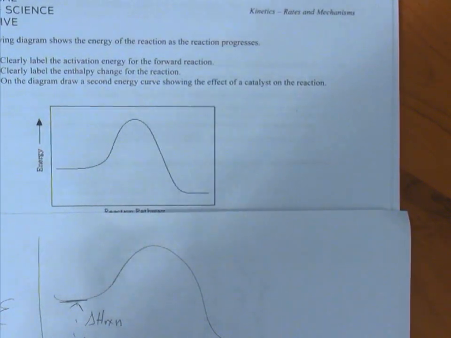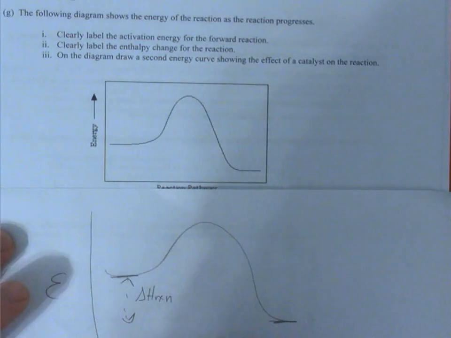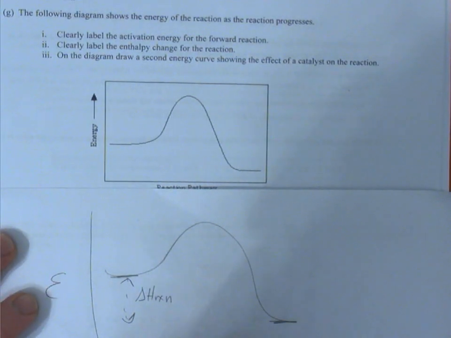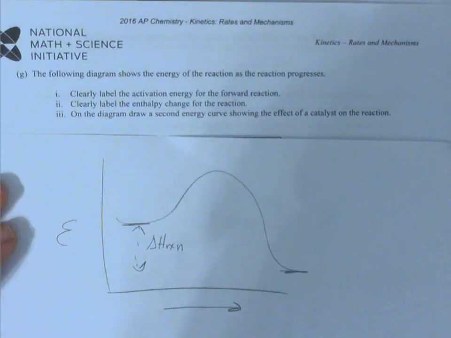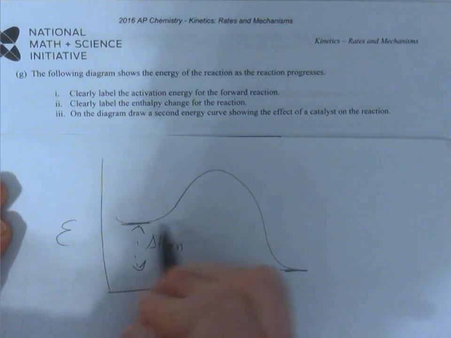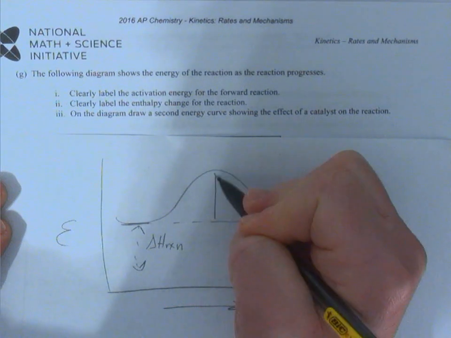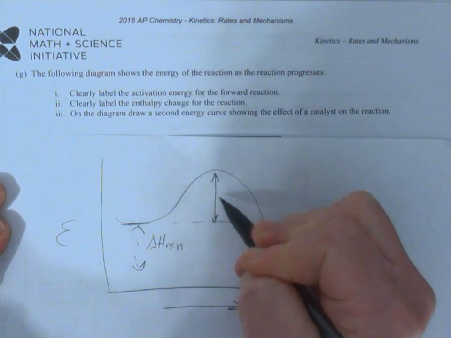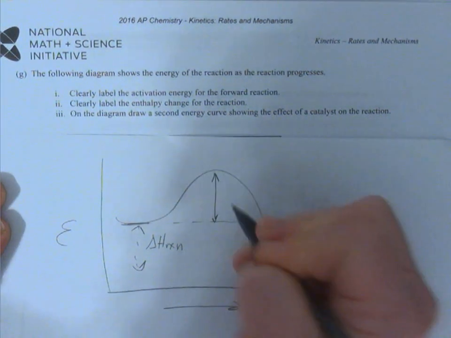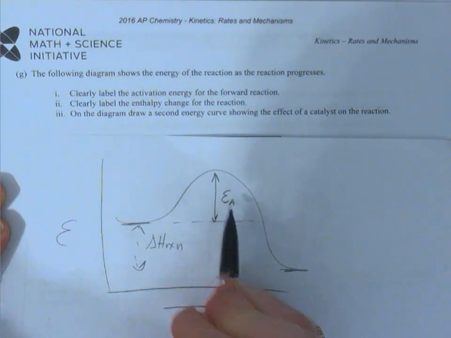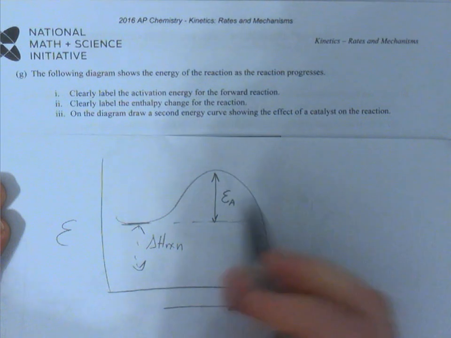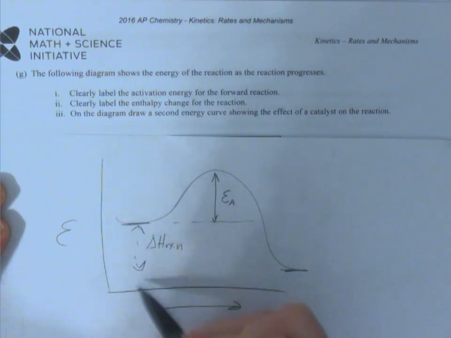These can be energy, potential energy, or enthalpy, and this is reaction progress. They're asking us to label activation energy. Remember, that is the size of our hill. You could label it activation energy, but we usually represent it with a capital E, subscript A. So there's our activation energy, there's our enthalpy.